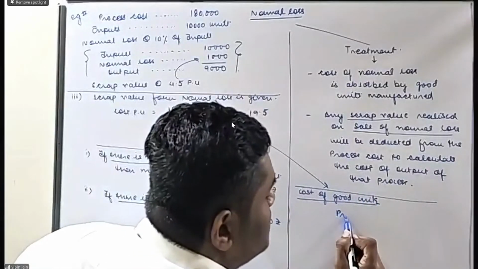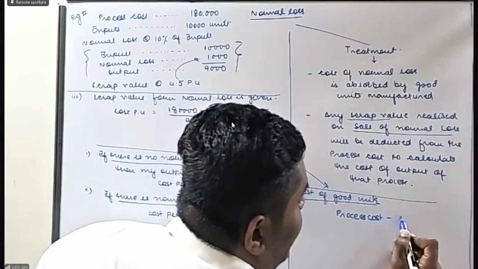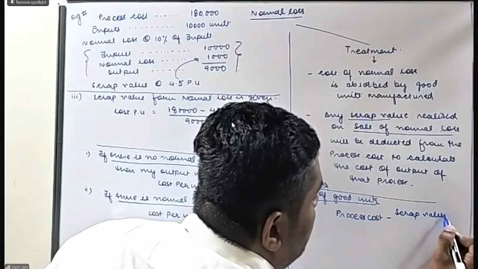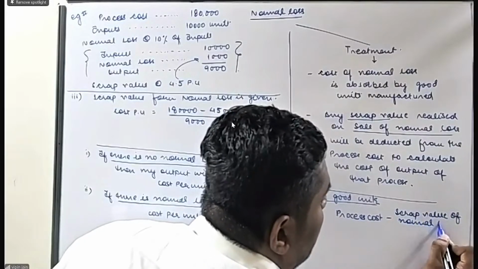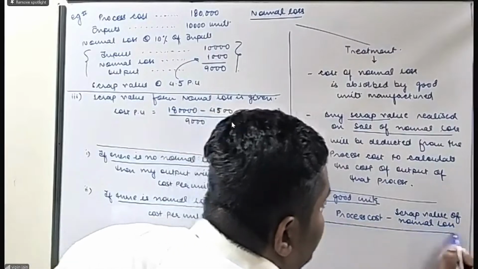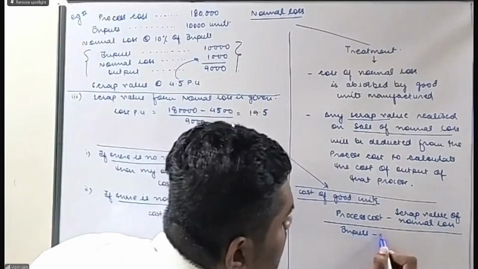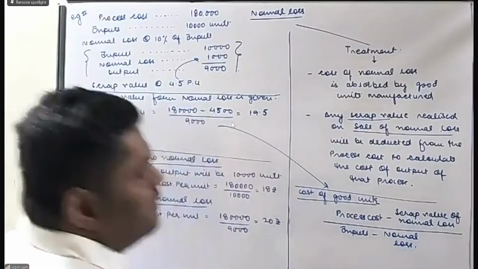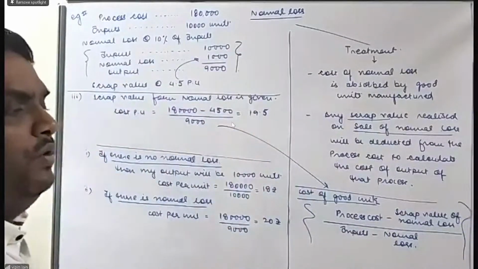The process cost minus scrap value of normal loss, whole divided by my inputs minus the normal loss. So this is the way to calculate the cost of good units.